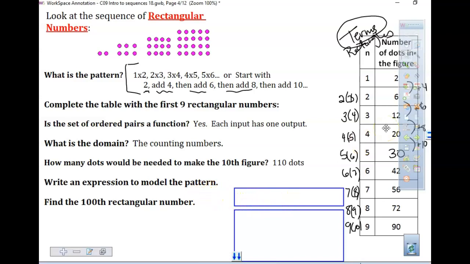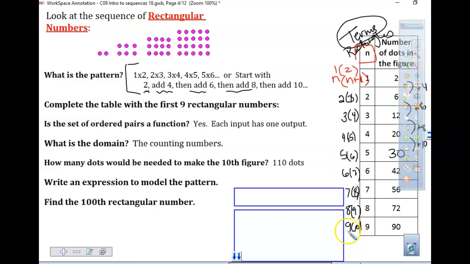So when we are trying to model this pattern, I want you to take a look and think of this as being our n. Okay? So this is n. And here it was n, or 1, times 2. If n is equal to 1, what is 2 equal to? n plus 1.